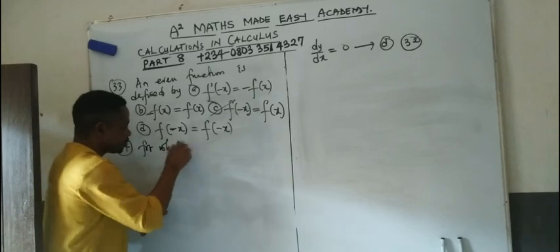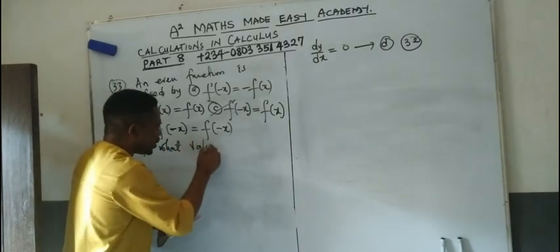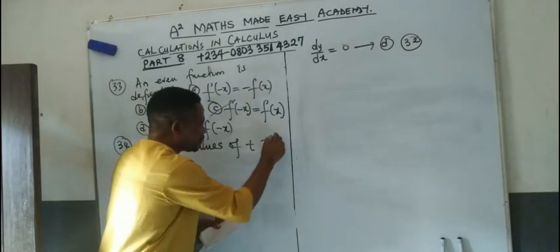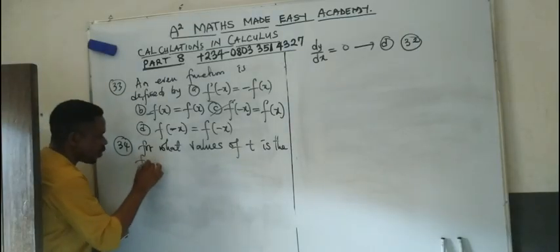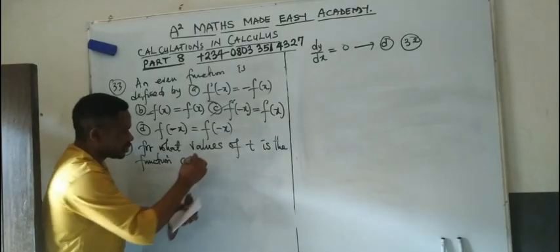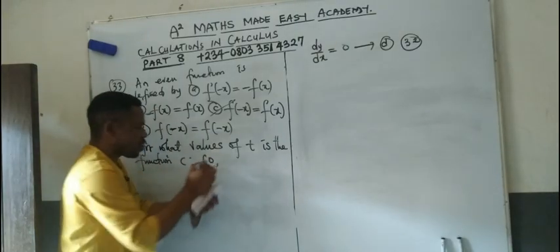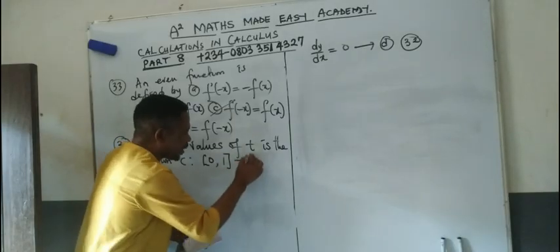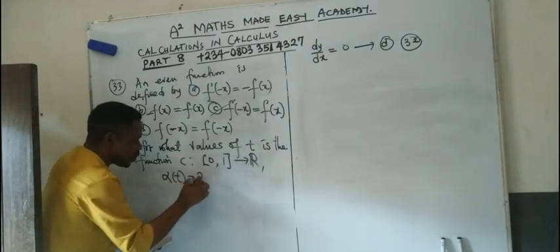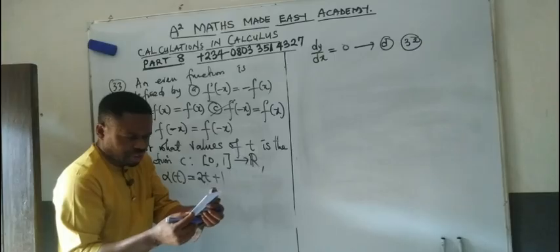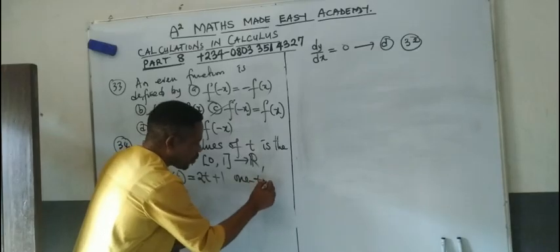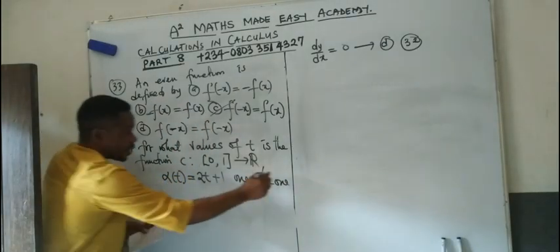For what values of t is the function c, mapping the closed interval 0 to 1 to the real numbers, such that alpha of t is equal to 2t plus 1, a one-to-one function?